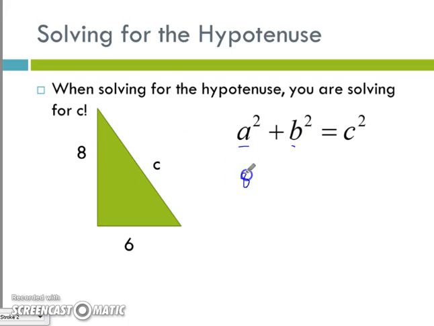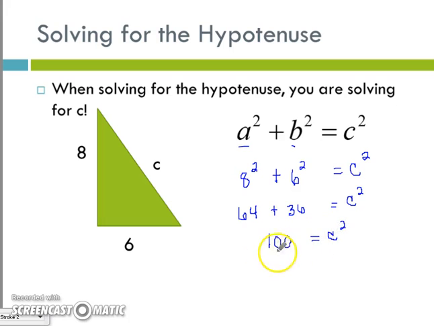We can say that 8 is A, so 8 squared plus 6 for B, so 6 squared, and that's going to equal C squared. 8 squared is 64. 6 squared, 6 times 6, is 36, equaling C squared. If you add those together, 64 plus 36, we end up with 100, equaling C squared.